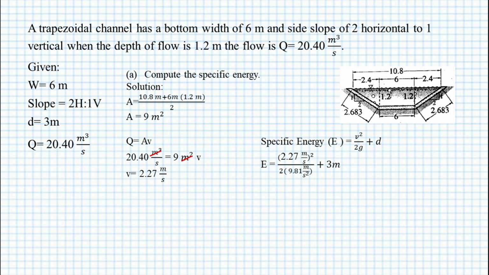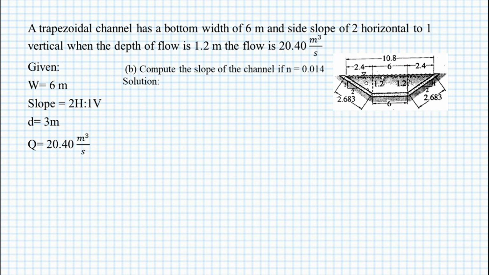We have 5.1529 meter squared per second squared over 19.62 meter per second squared added to 3 meters. Cancel out the units. We have the specific energy equals to 3.2626 meter.